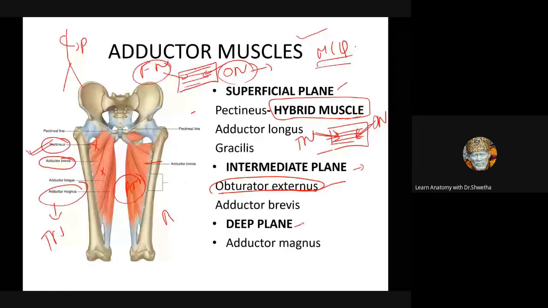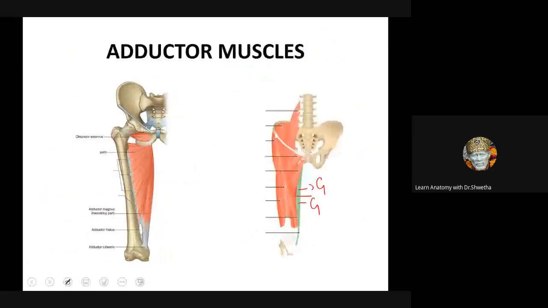See here, the sciatic nerve divides into the tibial nerve and the common peroneal nerve. The tibial nerve supplies the adductor magnus, as well as the obturator nerve. That is why adductor magnus is also a hybrid muscle. I will tell you one more hybrid muscle later. Now, this is the adductor magnus muscle. It has two components: one is the adductor component and the other is the ischial component.